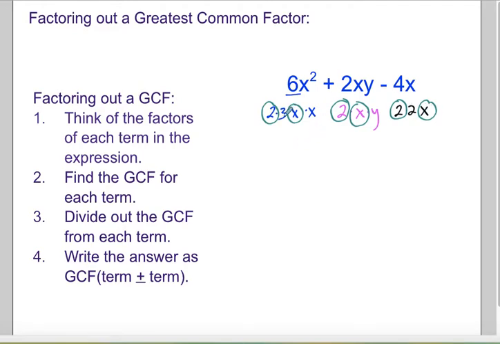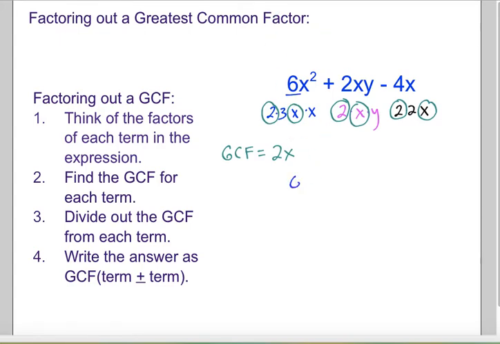They all have at least one x. So since this one had 2 x's, but neither of the others had an additional x next to it, the most x's we can take out of each piece is 1x. And then the highest number we can divide each piece by is 2. So the GCF is 2x.